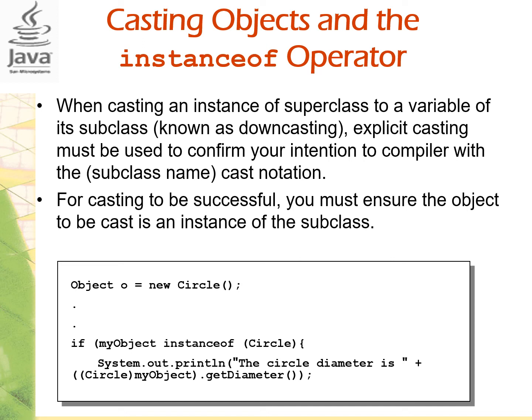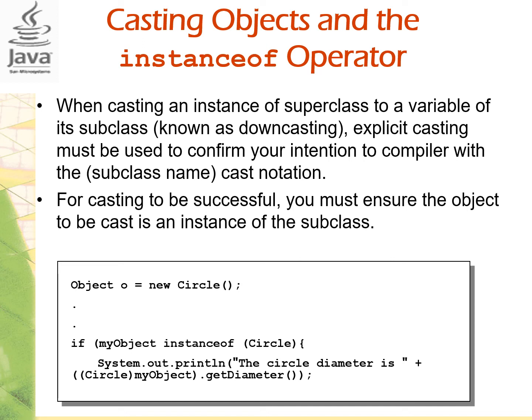Okay, for example, like this. This is okay, right? So you assign a circle object to a variable whose type is a superclass. There is no problem with that.